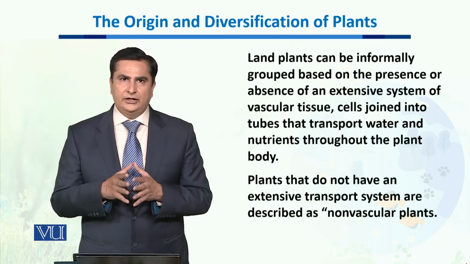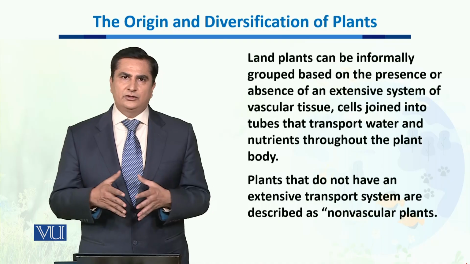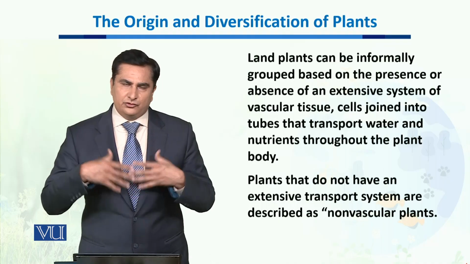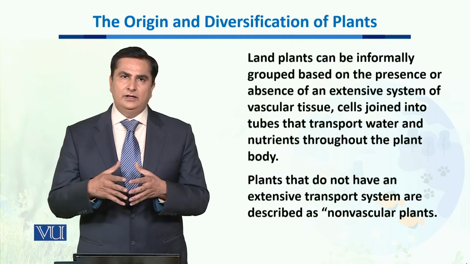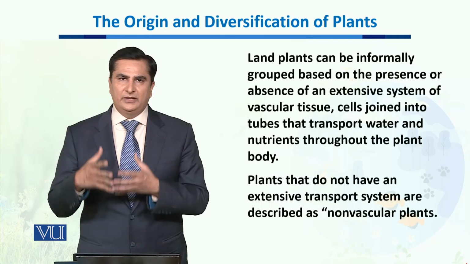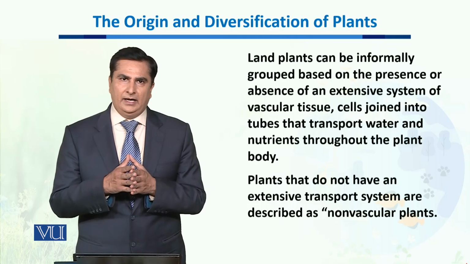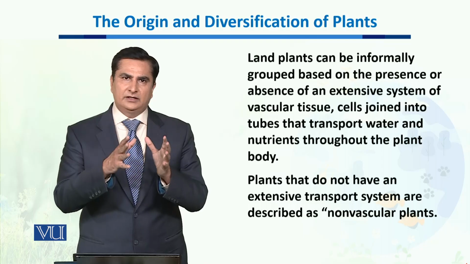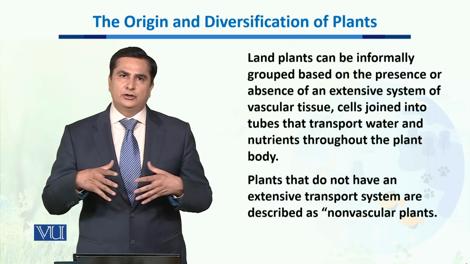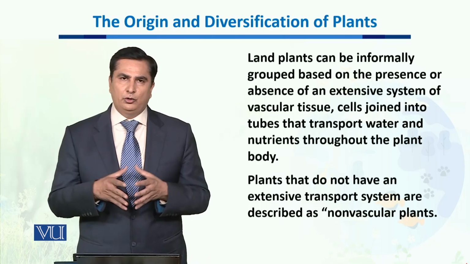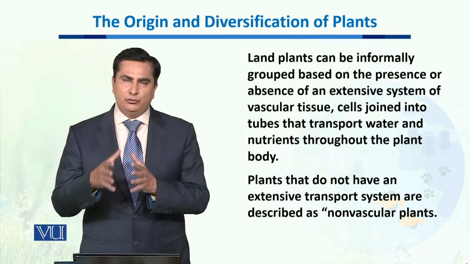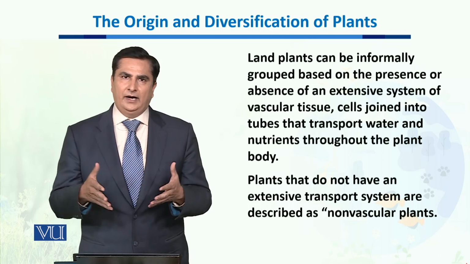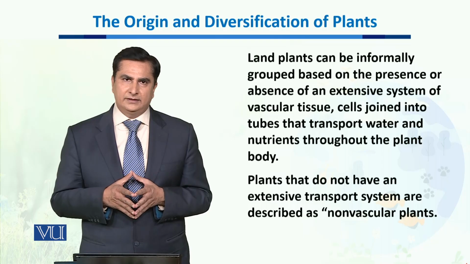The role of these vascular tissues is to transport the food as well as water from the roots to the different parts of the plants, and from the different parts of the plants to the roots. So this mechanism of transport of nutrients as well as water defines two major groups of plants.